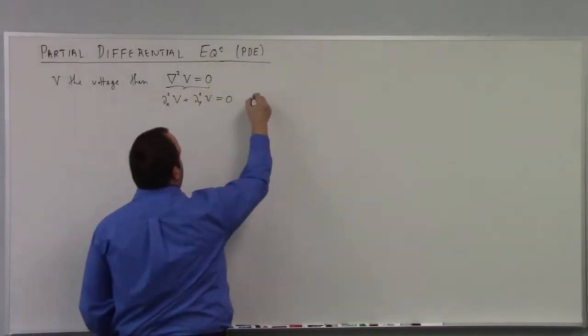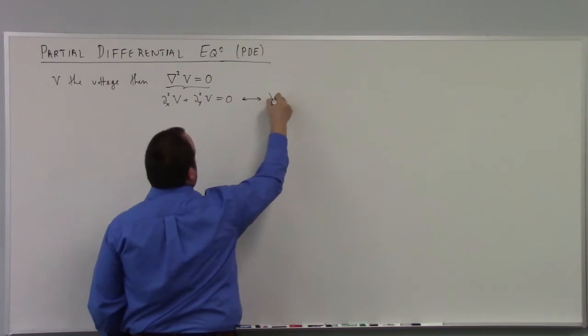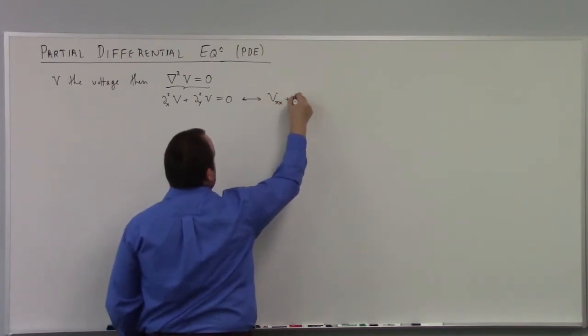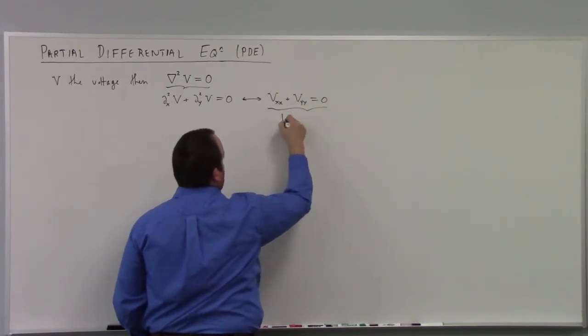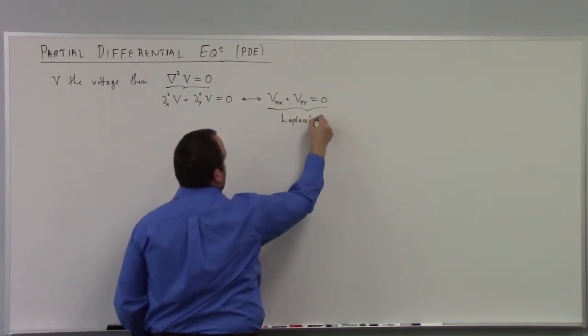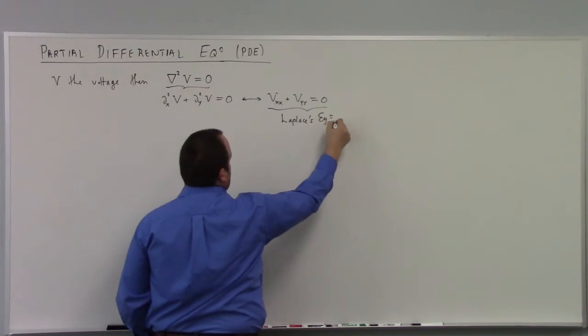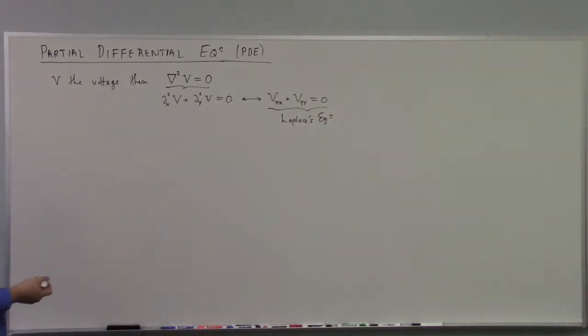A lot of times we use this notation, Vxx plus Vyy equals 0. So this is the so-called Laplace's equation. In the plane, this would be the equation the voltage function has to satisfy if we're talking about the voltage in some two-dimensional region.